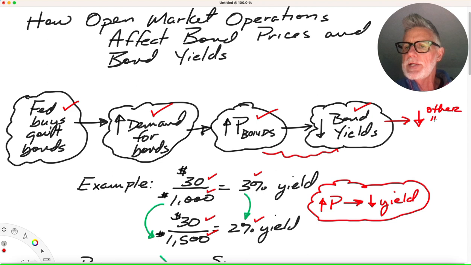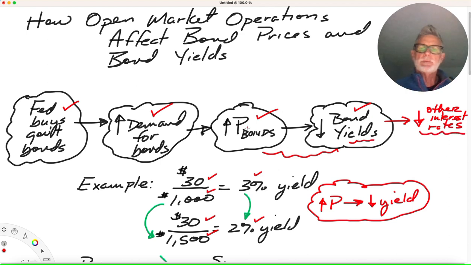Other interest rates would stay down because mortgage rates are usually built off the 10-year bond yield. That's a flag, if you will, a flagship yield. So this would push other interest rates down. Why would the government, via the Fed, like to see lower interest rates, say post-COVID?